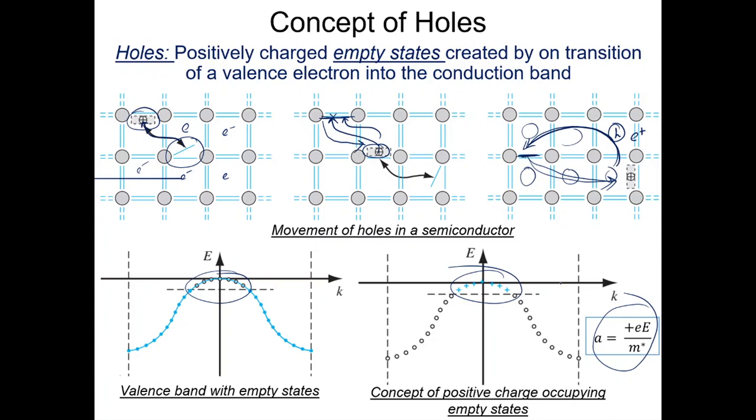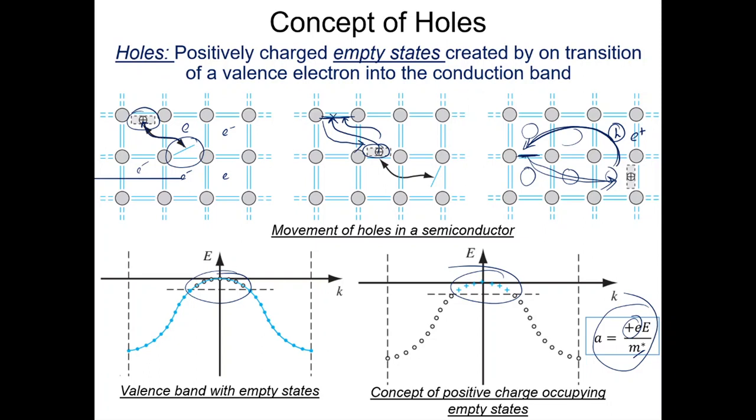They also see an acceleration, but the difference here is that the charge is considered as positive, and they will have a different kind of net effective mass because they are influenced by a different kind of force, and their motion is defined in a very different fashion.